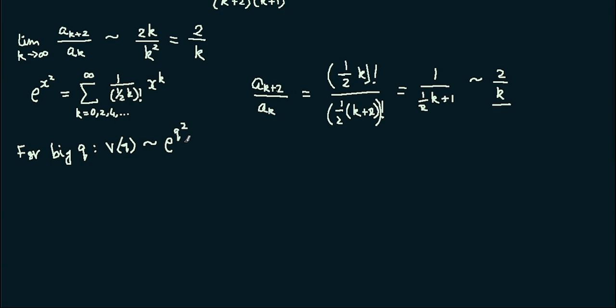Now, this is really a problem because we assumed that psi of q was going to be v of q times e raised to minus 1/2 q squared. So if v of q behaves like e raised to q squared, then psi of q would be e raised to half q squared.